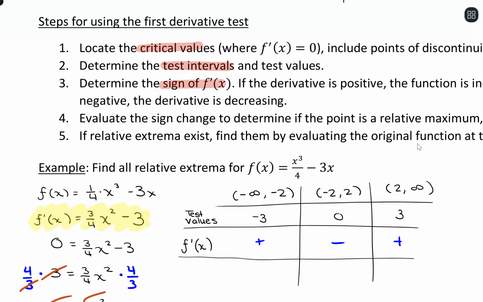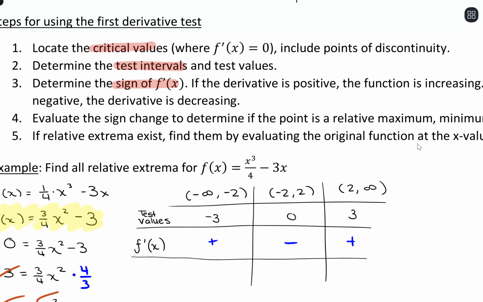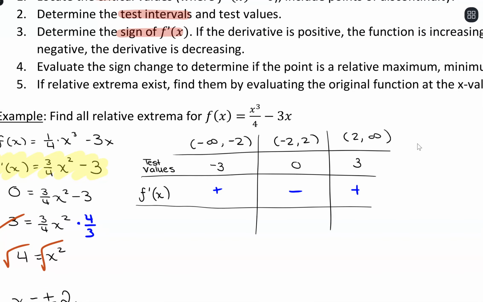So we looked at the sign of f prime of x at each of those test values. And then what we can do is make this conclusion: if it's positive, it's increasing there. If it's negative, it's decreasing. All right, so we're evaluating the sign change next.